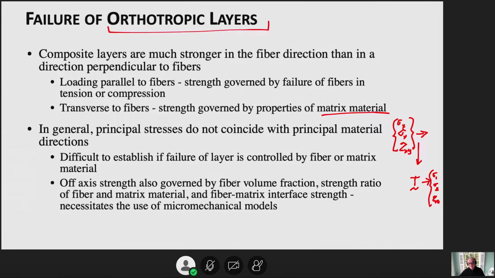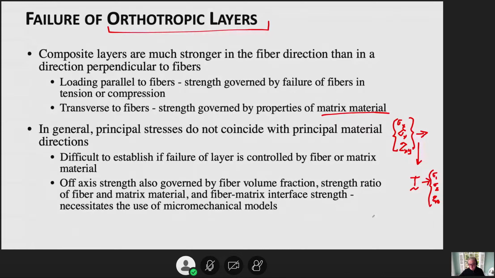On top of that, of course, fiber volume fraction and other things play a role in the failure, plus how well the fibers and the matrix are bonded together. Is it possible that properties of the material right around the fibers are different than further away from the fiber, where the matrix really starts taking over?